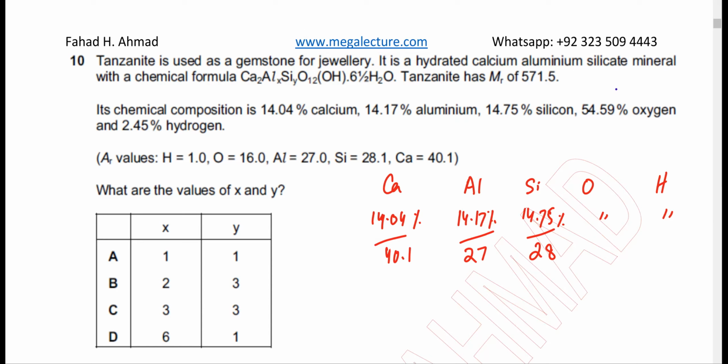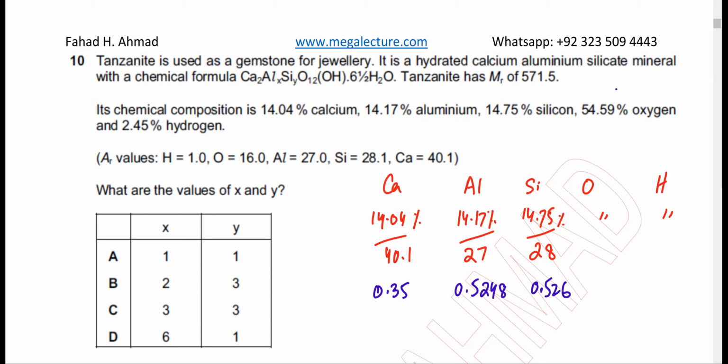0.35 for calcium. So you get 0.35, and 0.5248. The other one would also be something similar. Yes, 0.526.